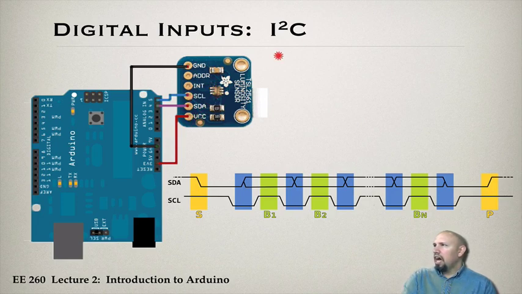This uses the I2C communication protocol, which is often referred to as a two-line protocol. It uses an SCL and an SDA. You can see here SCL and SDA. It just needs those two wires. SCL is the clock. That tells it when the next bit is coming.